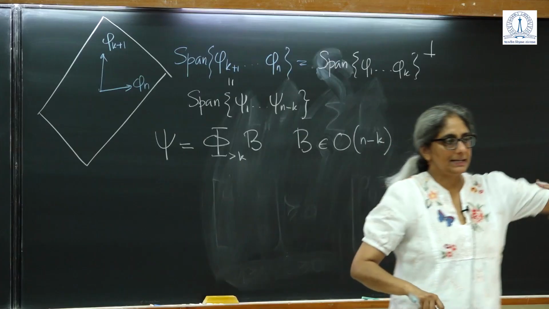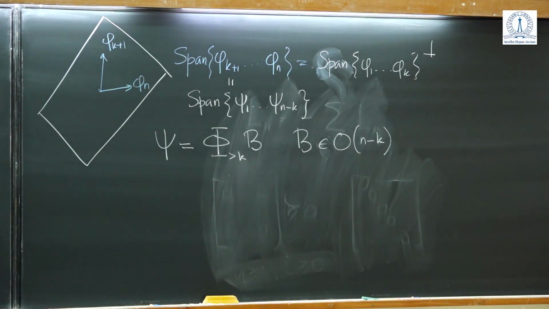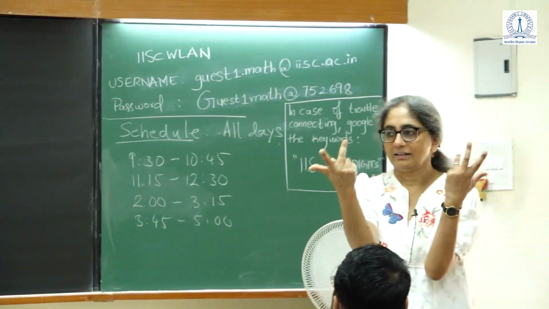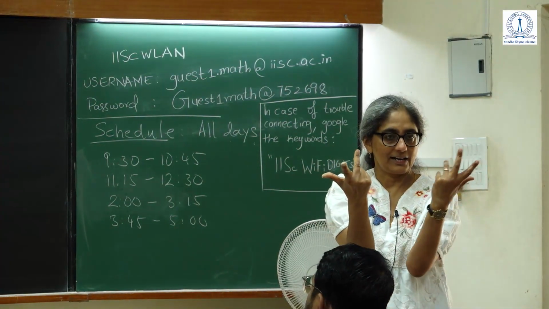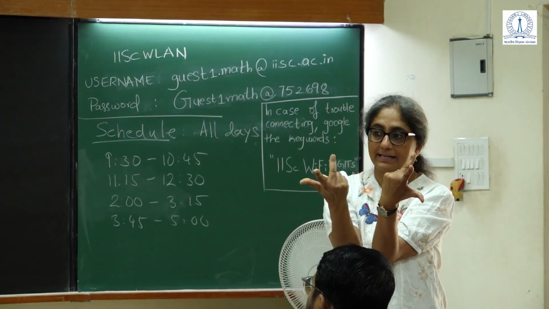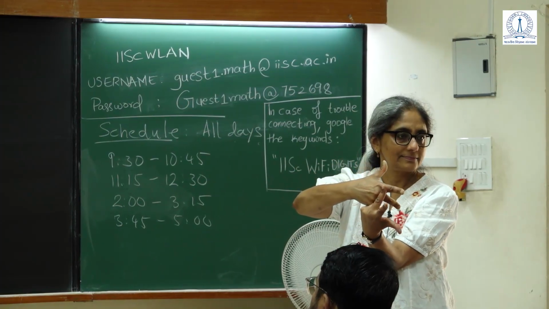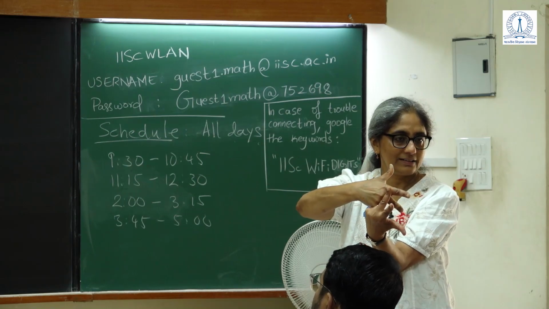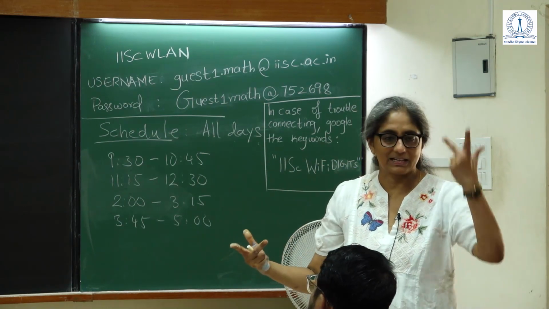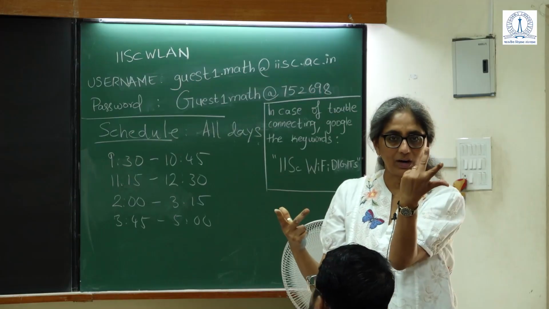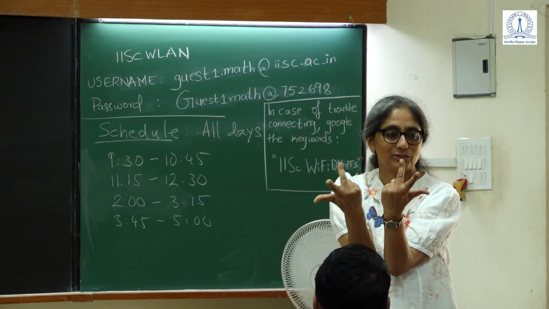Okay? So B is my orthogonal transformation that takes me from the given last n minus k eigenvectors into whatever psi is. It's a transformation. Do you agree? There's nothing else that can happen because what we want is orthogonal, what we have is orthogonal.